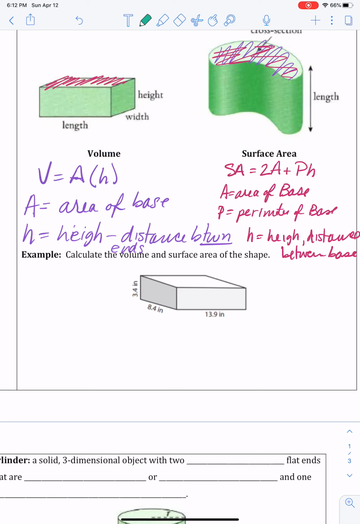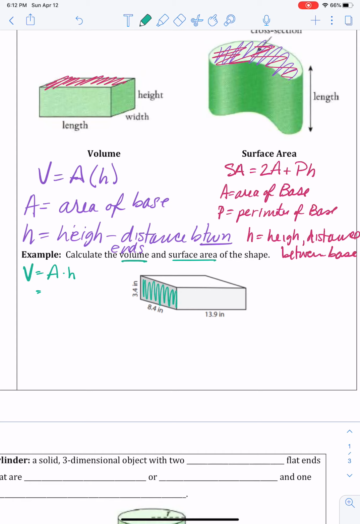So let's look at this first example. This is a rectangular prism. To find the volume, because we're asked to find the volume and the surface area, volume equals the area of the base times the height. I'm going to use this as my base.